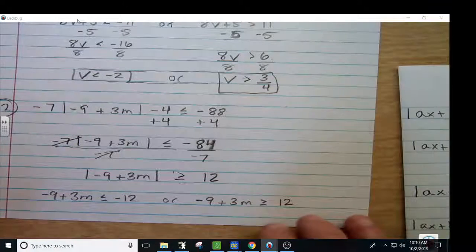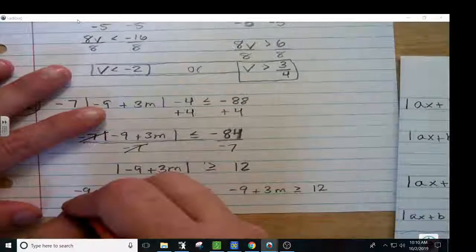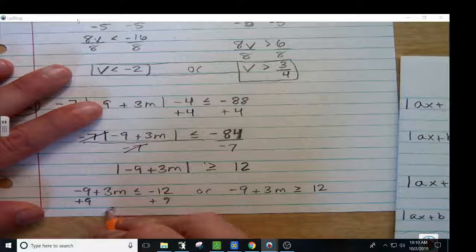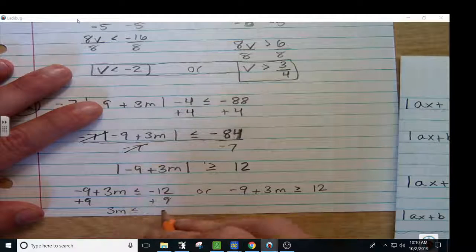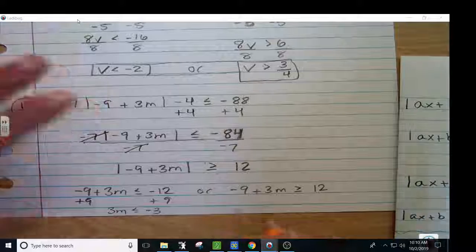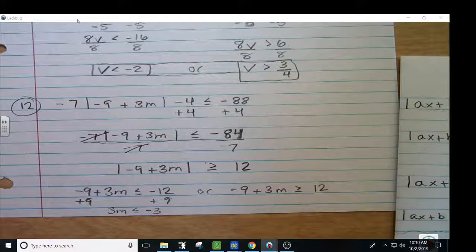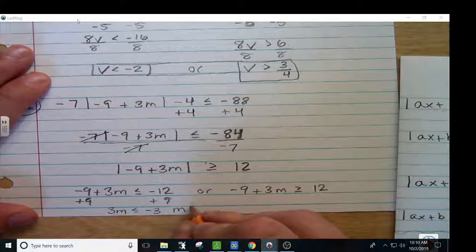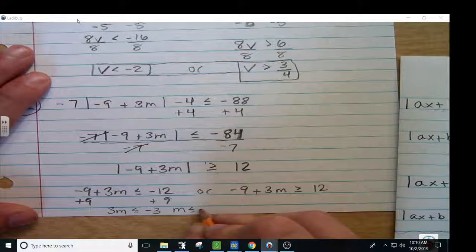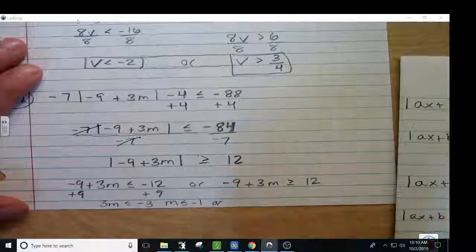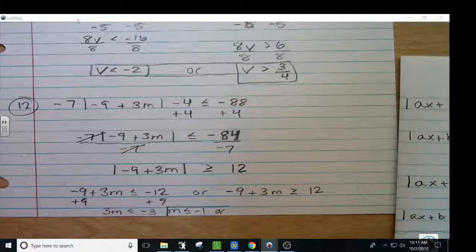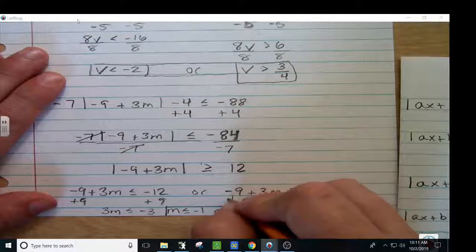All right. We'll solve it. Last but not least, we're going to divide. All right, so that's one of our answers right here. Okay. Now we're going to add 9.